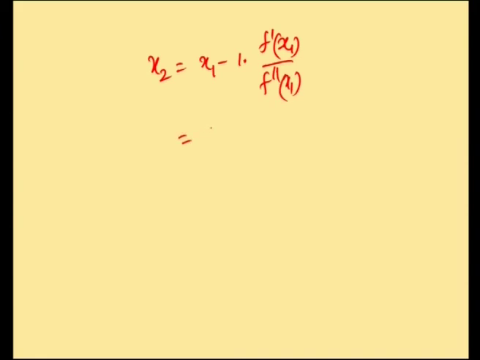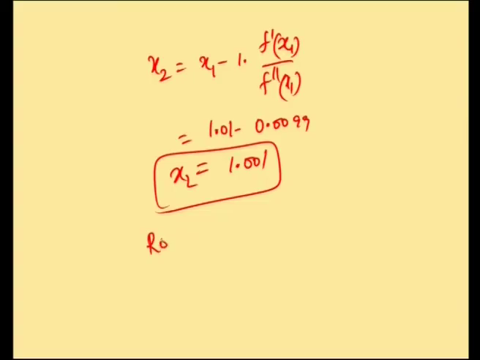This gives 1.01 minus 0.0099, and this answer is also 1.001. So x2 in two formats is the same, therefore we conclude that the root is 1.001.